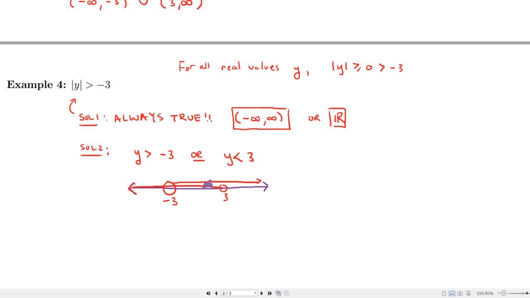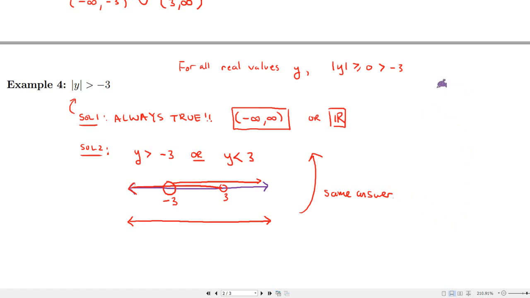You see that every real number is in this red portion here. So the union is this, right? The union of those two is the whole real line, right? This is the union. So you're going to get the same solution, same answer.